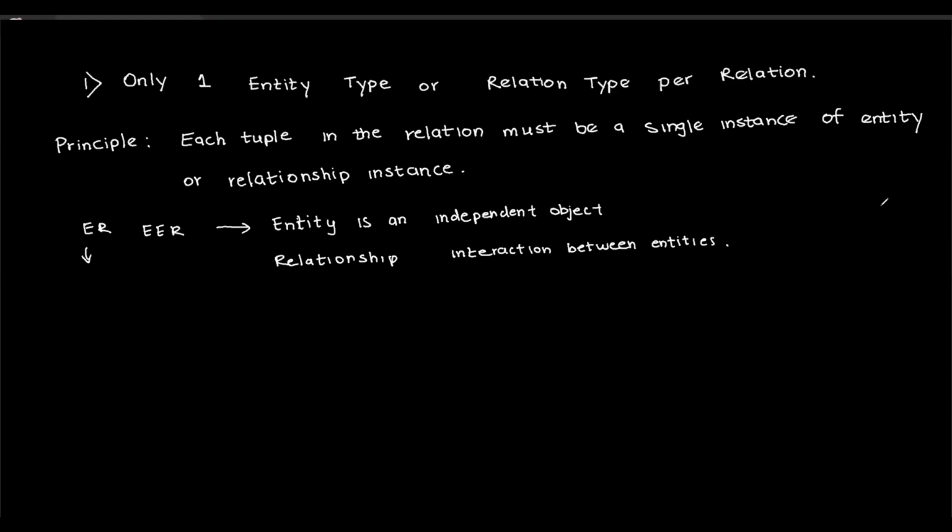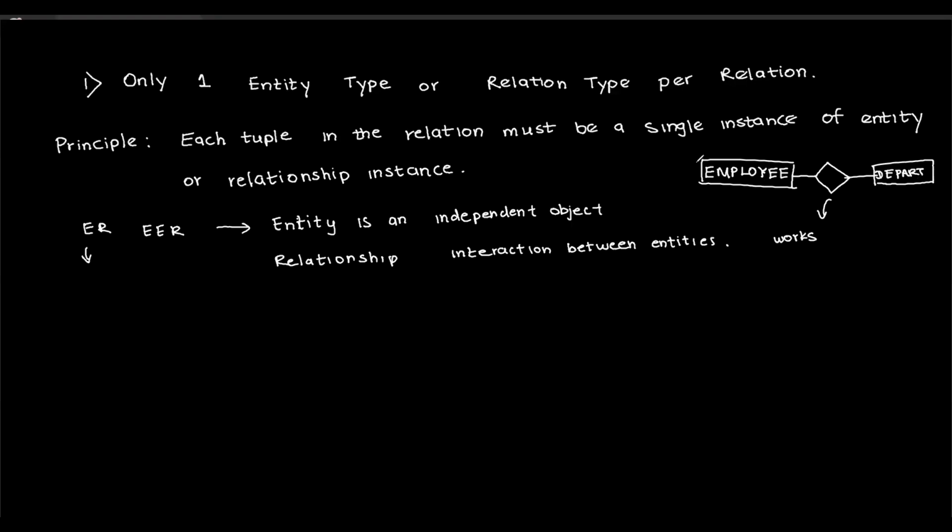So you make an entity a single thing, like an employee. Or you will have a relationship, for example works: the employee works in a department. This is how you create ER diagrams.